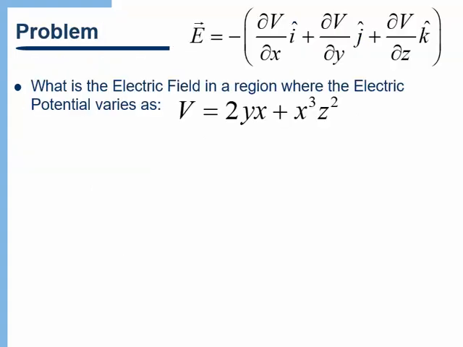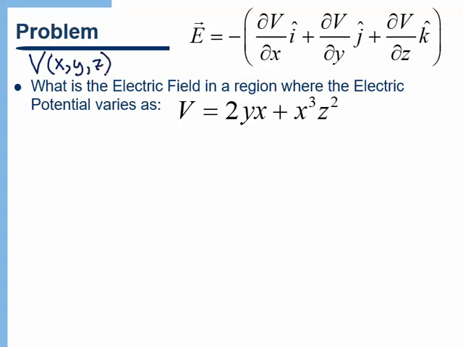Okay, so let's see how this works. So here we have a question. What is the electric field in a region where the electric potential varies as V is equal to 2yx plus x cubed z squared? So in other words, remember that the electric potential is defined at every point in space.